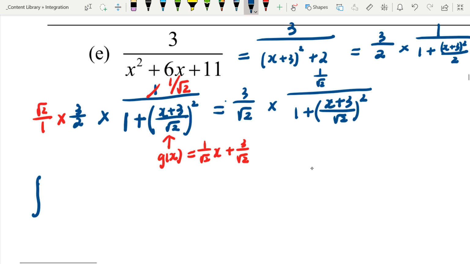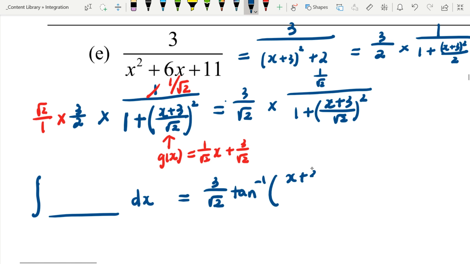So the antiderivative of that should give you 3 on root 2 tan inverse x plus 3 over root 2 plus c. Okay, so it's the tan inverse gx.